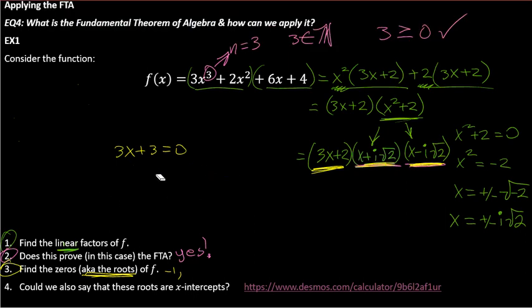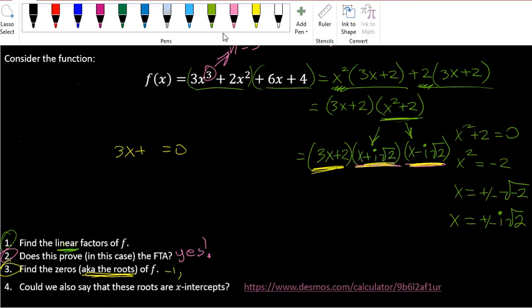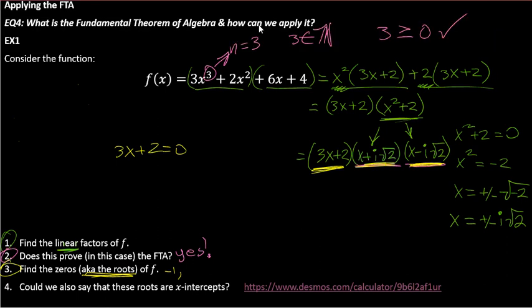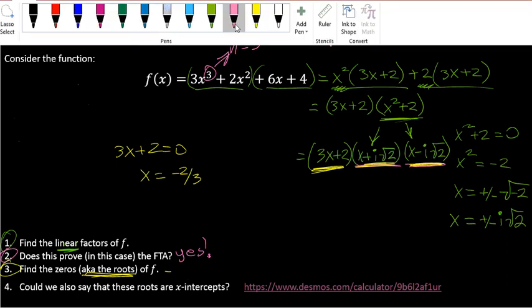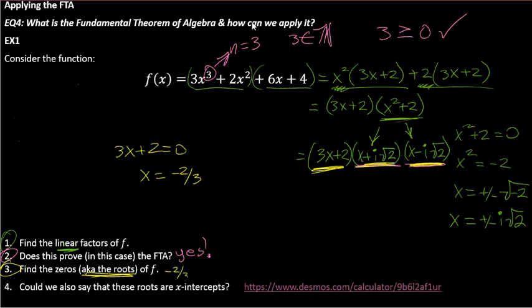So I just need to change that to a 2. That's going to give us x equals negative 2/3. So our first root is negative 2/3.